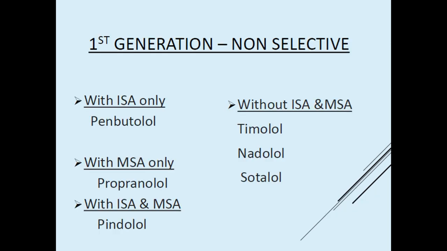First generation non-selective: penbutolol with intrinsic sympathomimetic activity only; propranolol with membrane stabilizing activity only; pindolol with both intrinsic sympathomimetic activity and membrane stabilizing activity; timolol and sotalol without either. These are the first generation drugs.